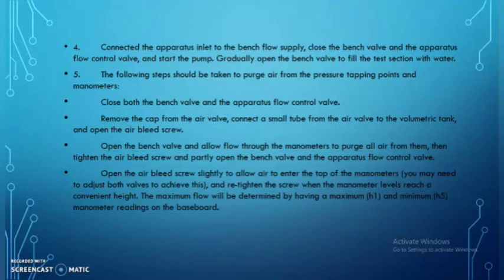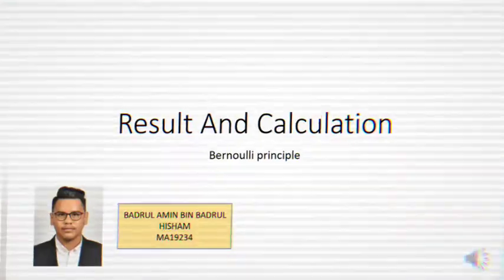Open the bench valve and allow flow through the manometer to push all air from them. Lastly, open the air bleed screw slightly to allow air to enter the top of the manometer, and retighten the screw when the manometer level reaches a convenient height. The maximum flow will be determined by having maximum and minimum manometer readings on the base. That's all from me. Thank you.